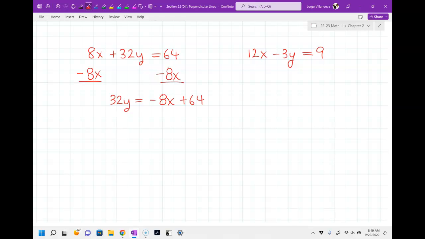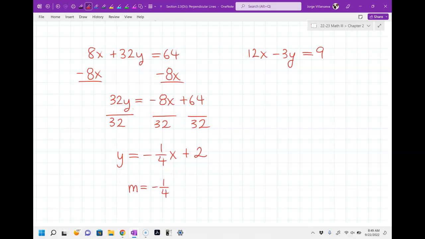Divide, right? Yeah, so let's divide by 32. And again, this is where your calculator might come in handy for some of you guys, or if you just want to do it in your head, that's fine. So I get y equal to negative 1/4 x plus 2. So this slope right here, I'm going to write negative 1/4.